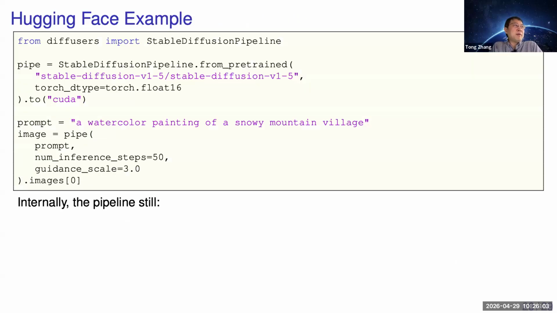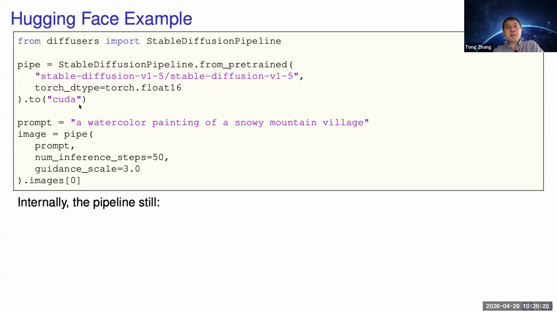And these are quick examples. Essentially, this pipeline is Stable Diffusion 1.5, and we use half precision. The prompt is a watercolor painting of a stone mountain image.